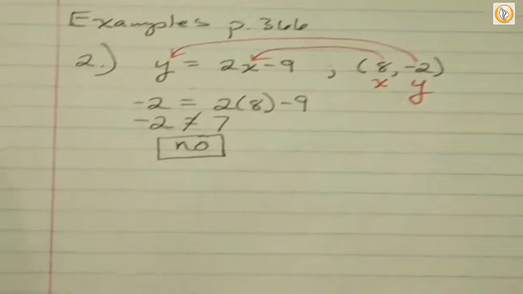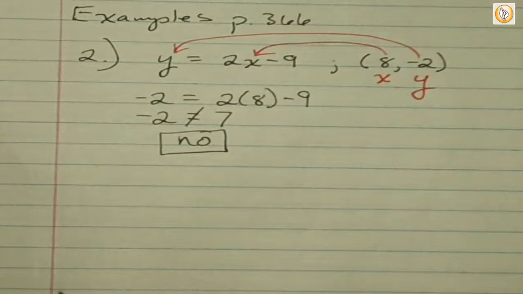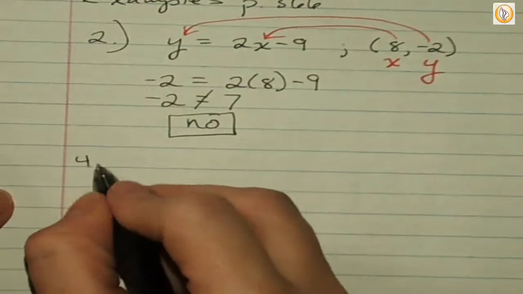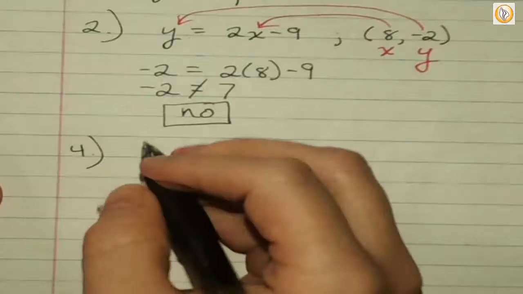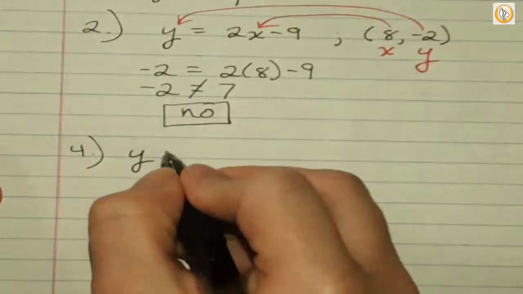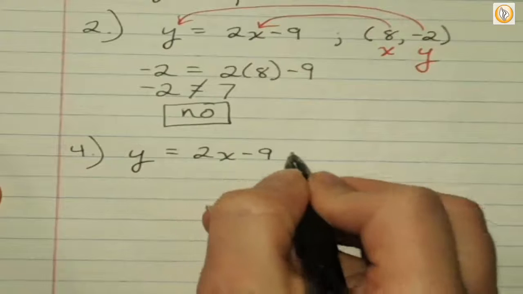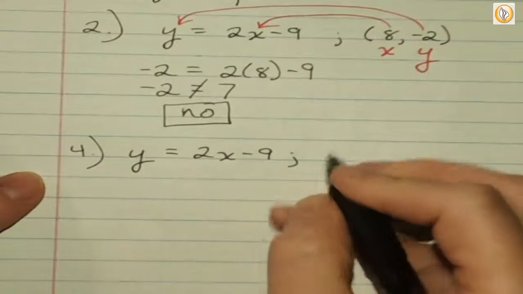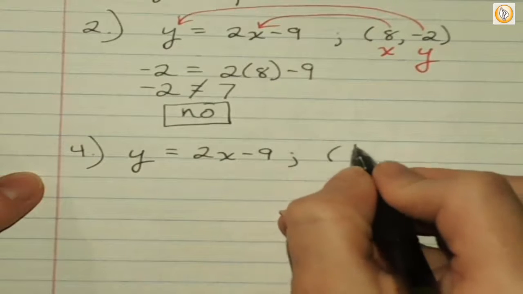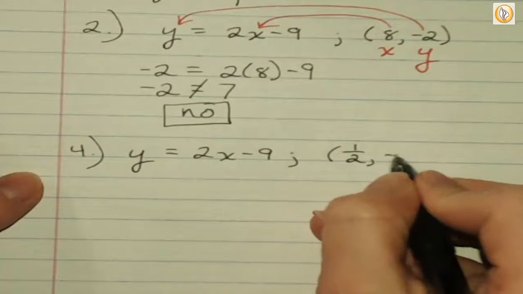Let's do another. Look at number 4. Same equation, y equals 2x minus 9. But for number 4, they have you doing the ordered pair of a half and negative 8.